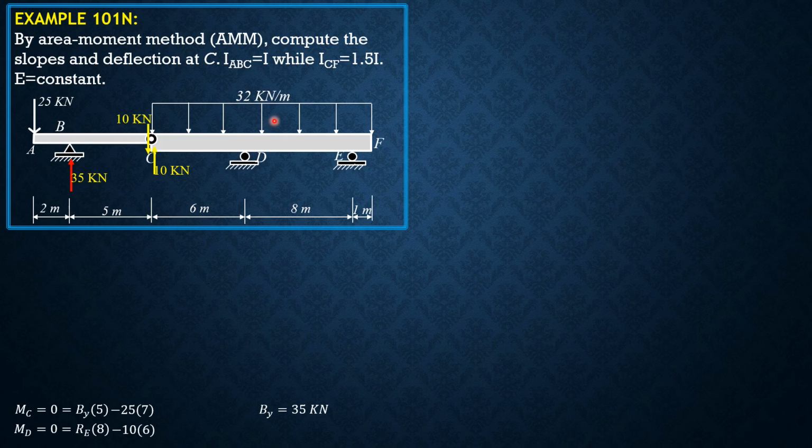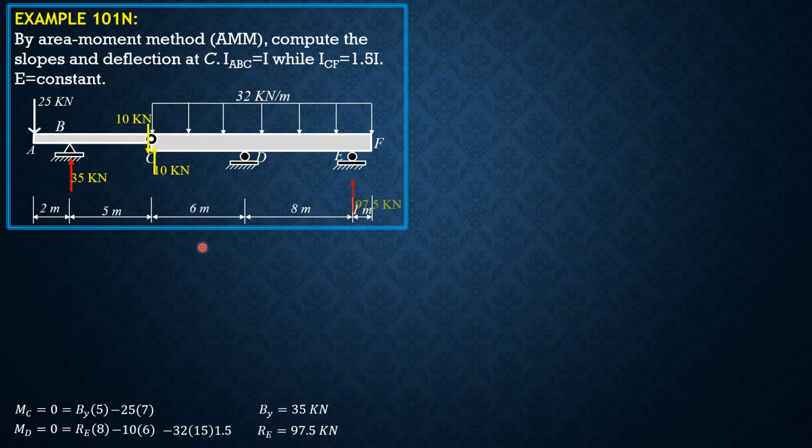The distance of the centroid from the right is 7.5, so to make this 8 plus 1, 9, this should be 1.5. So minus 32 times 15 times 1.5. So reaction at D can now be computed. It is equal to 97.5 kilonewtons.